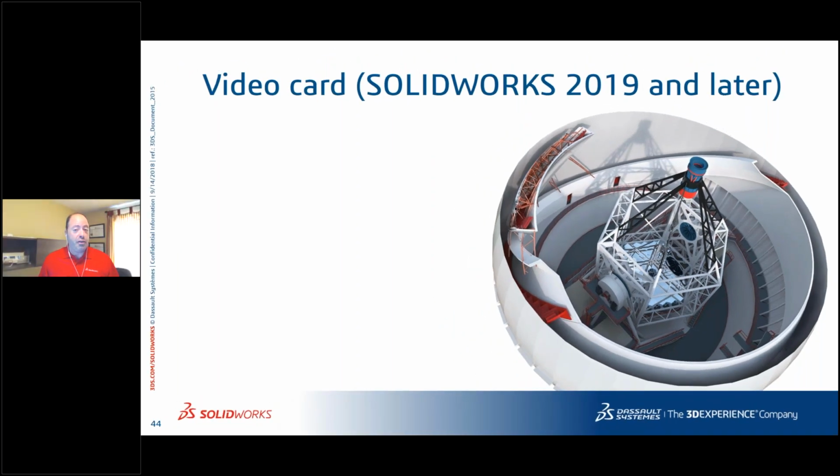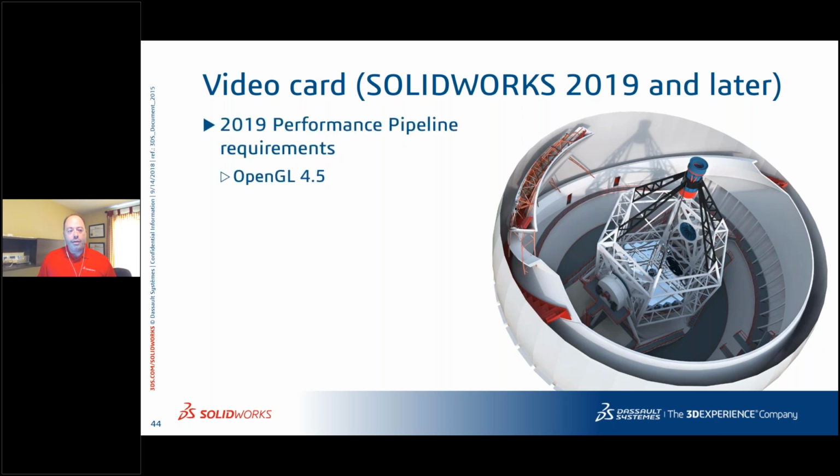To have full benefit of the extra processing power of the graphics in 2019, you have to make sure that your card supports OpenGL 4.5. So that's the new, what we call the performance pipeline requirement, the new method of calculating to use the GPU much more efficiently.